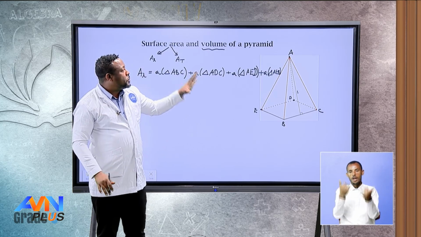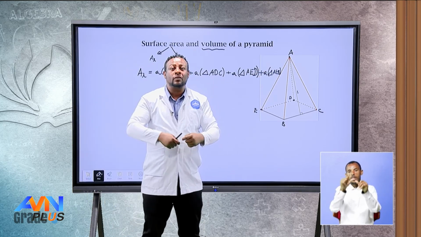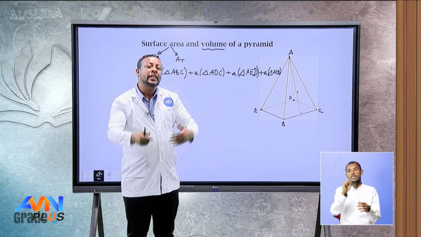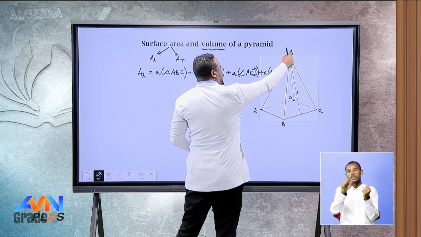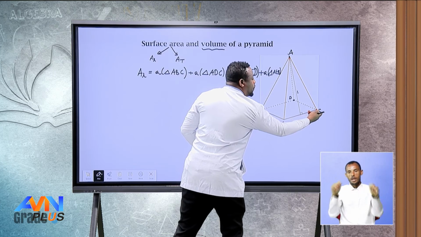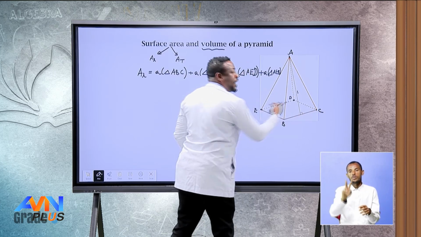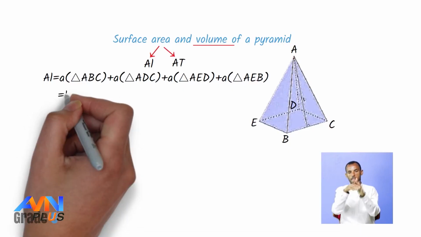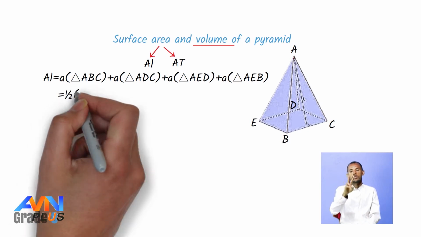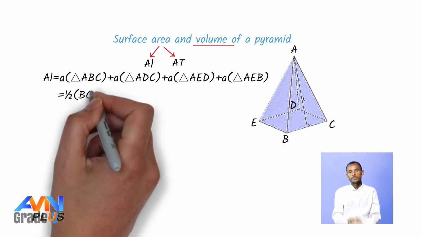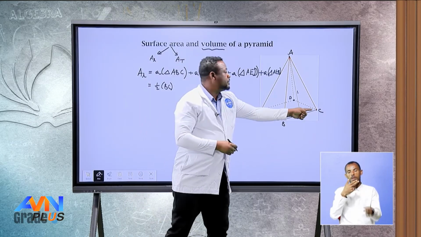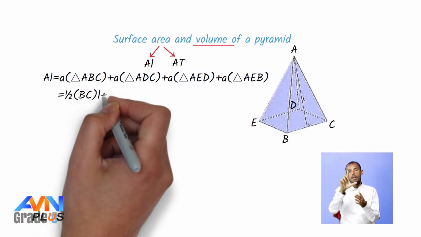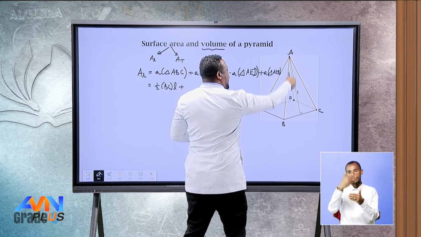Now we will represent each of these areas in terms of the slant height and the bases. As you can see here, the area of triangle ABC is half of the base BC times the slant height L, plus the area of the next triangle, triangle ADC.